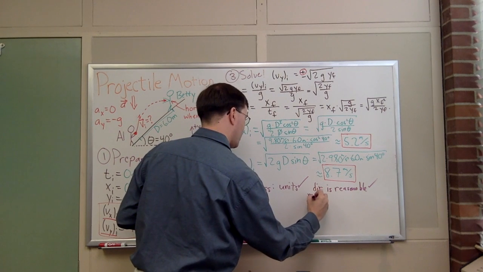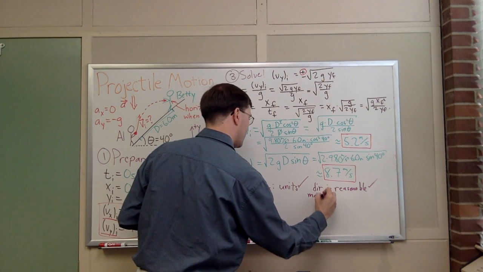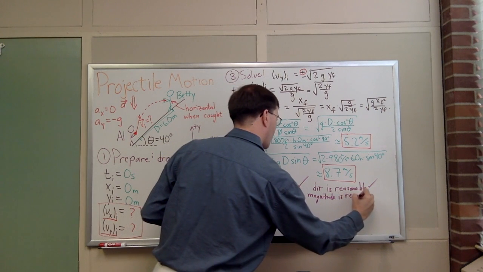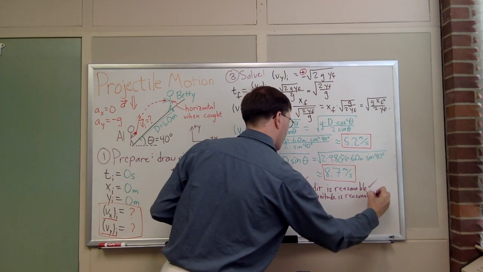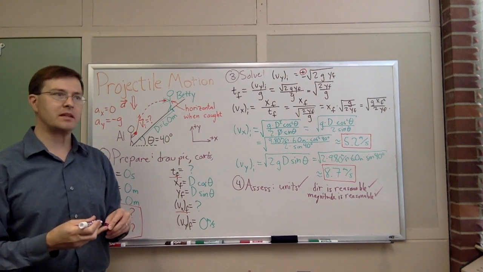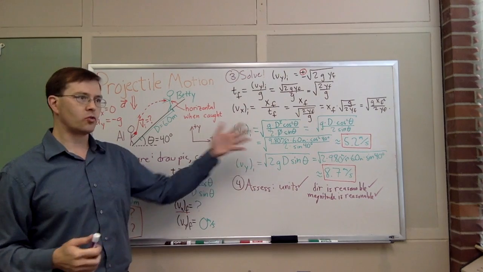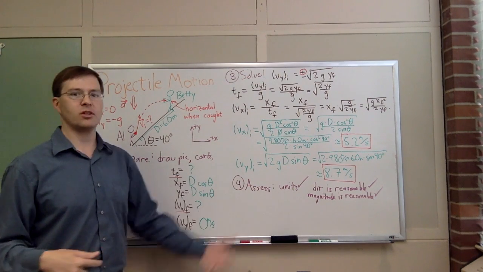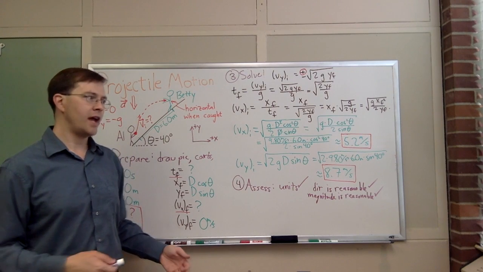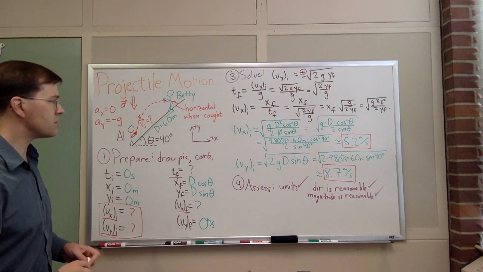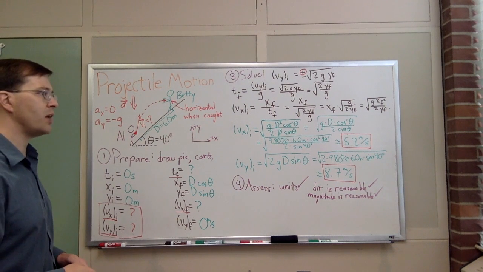The magnitude, the speed, is reasonable. 10 meters per second or something is plausible. It may not be. I don't know if that's too fast to be reasonable or not. But it's certainly not 8,000 meters per second. That would be weird. And it's certainly not 8 millimeters per second, which would be weird. It's in the ballpark of something that I think is plausible.